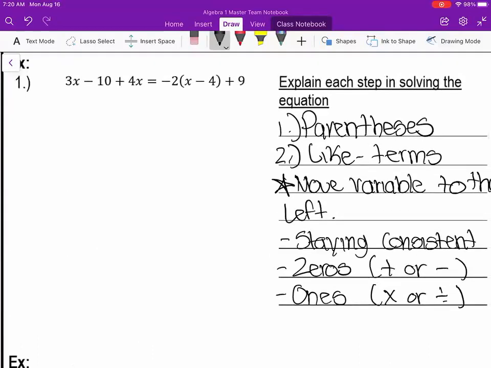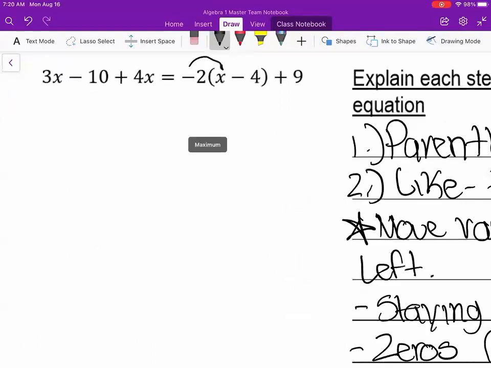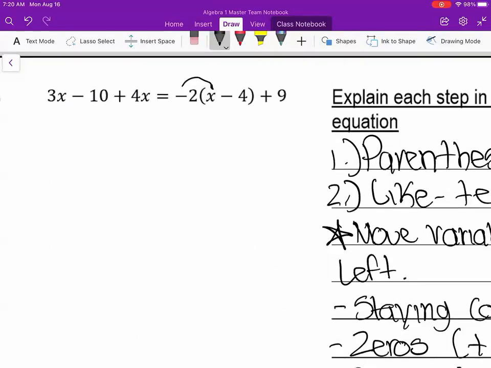So the first thing we have to check for is, do we have parentheses? And obviously the answer is yes, so we have to take care of that. I'm going to multiply -2 times the x, which gives me -2x. And now I'm going to multiply -2 times -4.